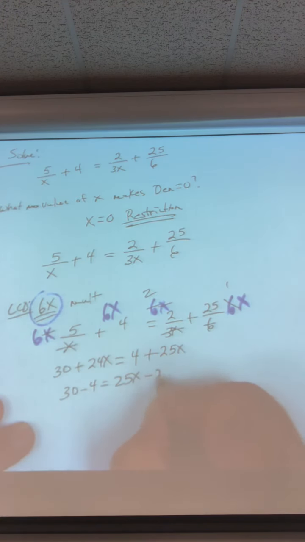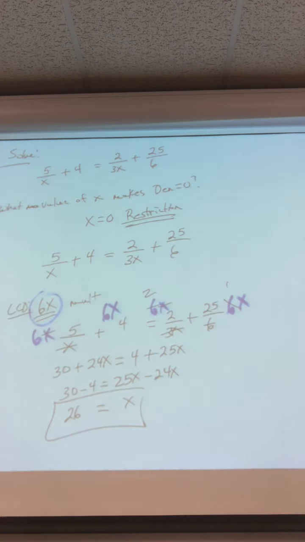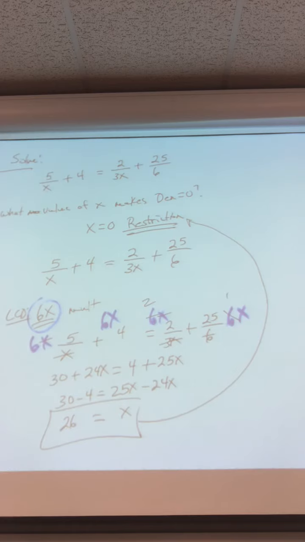It doesn't matter how you do that to get x equals 26. And all you have to do when you solve this is make sure that that is not what your restriction was. Okay? Let's do another one.